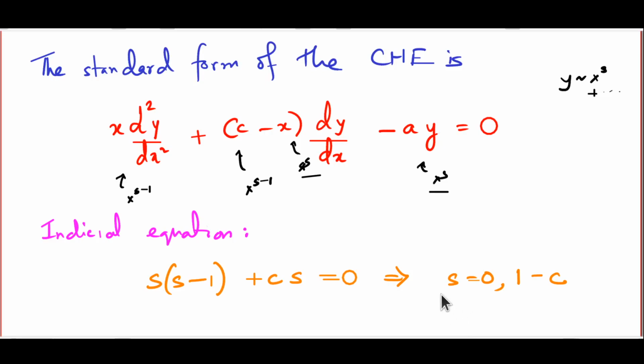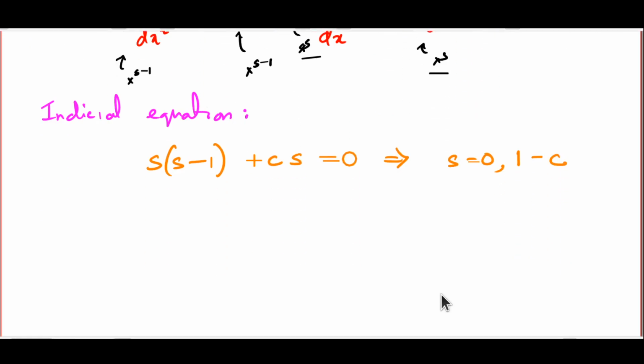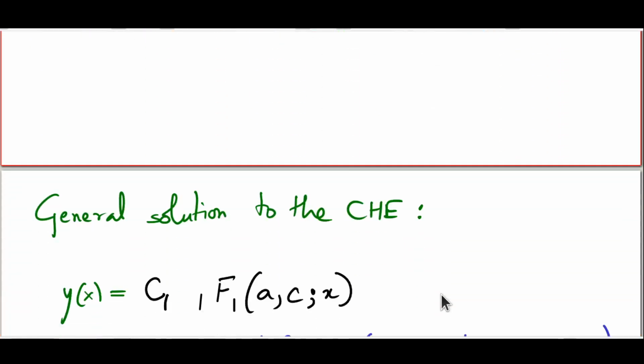We can actually write down the two solutions in general in this particular form. One solution will be the one where the series really starts at x to the 0. So that's C1 times a confluent hypergeometric series, which is written 1F1(a, c; x).